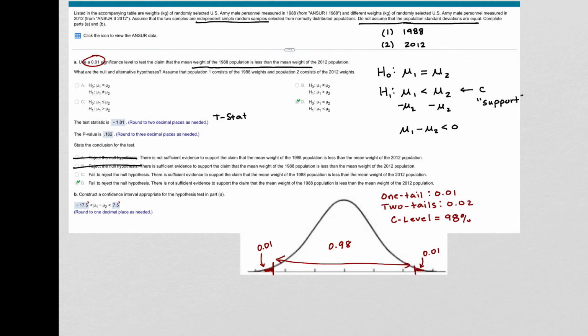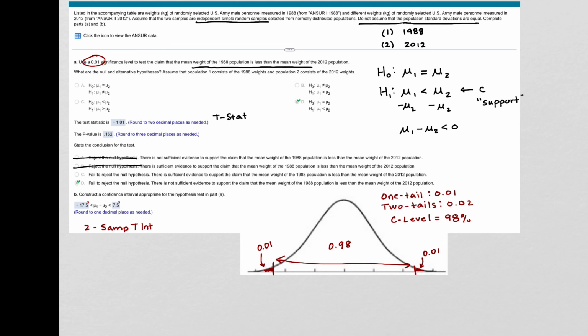And so when I go to do my confidence interval, I'm going to do a 2-sample t interval if you're doing it in the calculator, and then just make sure you use the confidence level of 98%. Otherwise, it's all the same information from the hypothesis test. And in StatCrunch, you have the option as well to do a confidence interval, and then you just say my confidence level is 98%, and compute that.